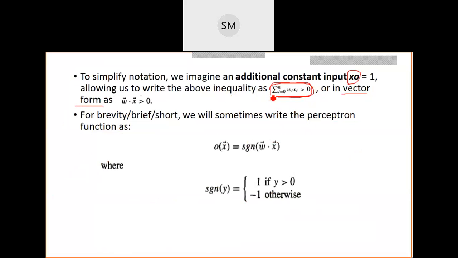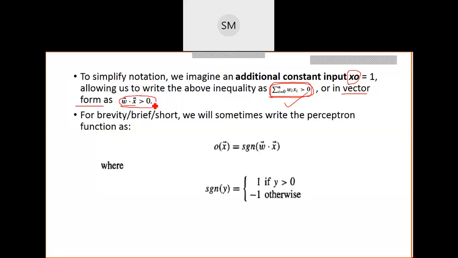It means that the sum of wi xi should be greater than 0 so that we get the output as 1. The same notation can be written in vector form: vector w multiplied with vector x should be greater than 0.